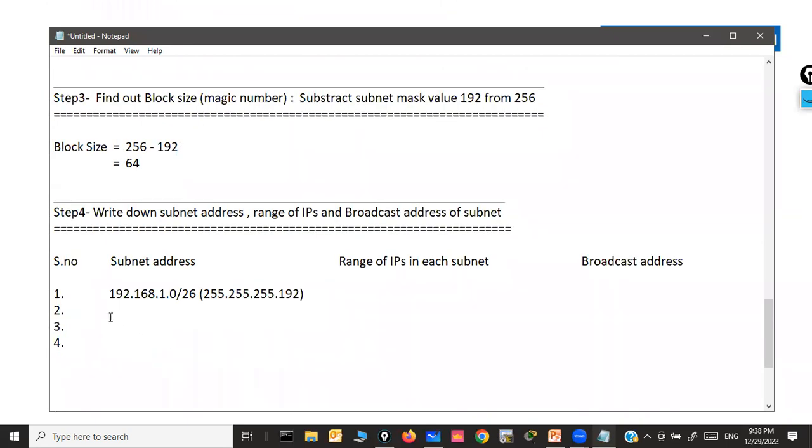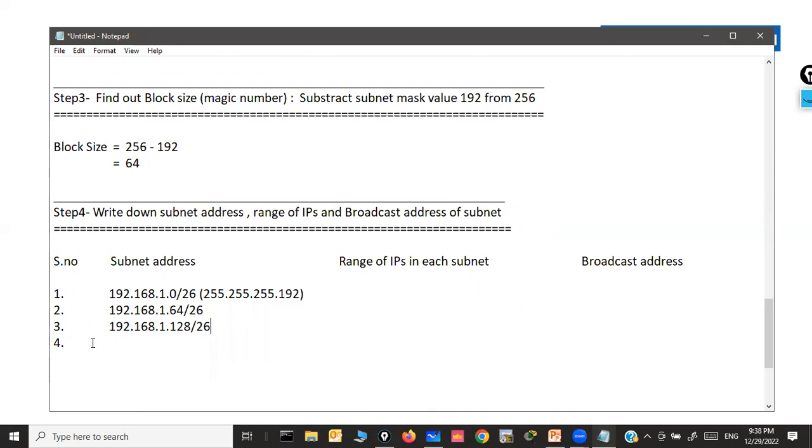Let me show you. 192.168.1 dot, and then I'm adding 64 here, so 0 and then 64, and obviously the same mask. What about the third subnet? 192.168.1 dot, again add 64 to this, 64 plus 64, 128.